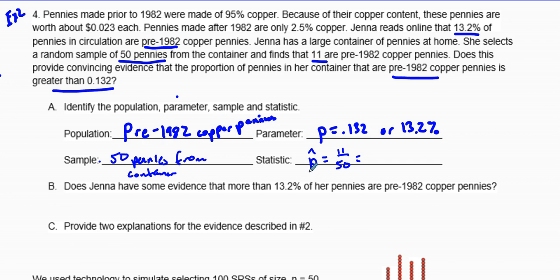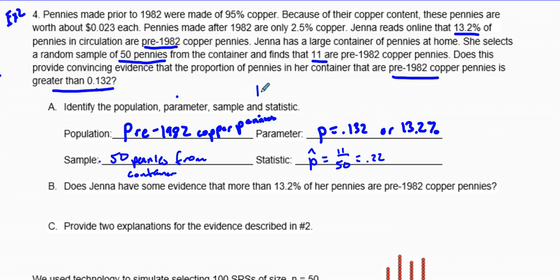If you put 11 over 50 into your calculator, that equals roughly 0.22. So it's a little bit higher. We're wondering whether that was just by chance, or does this provide significant evidence that the proportion of pre-1982 pennies in the container is greater than this amount?